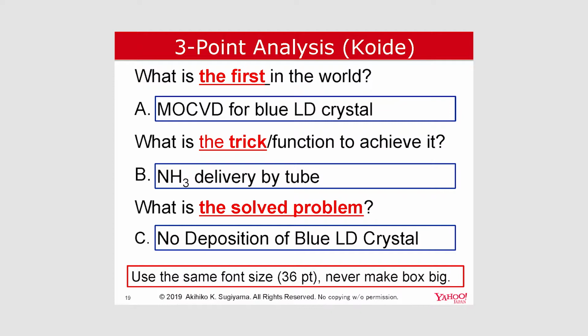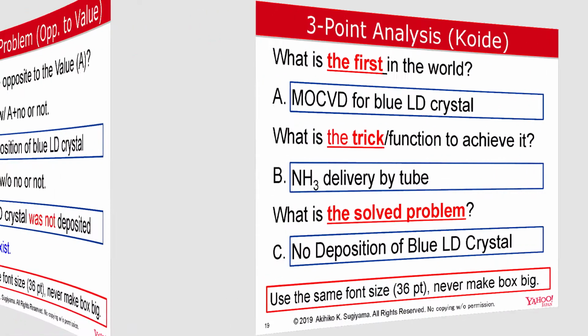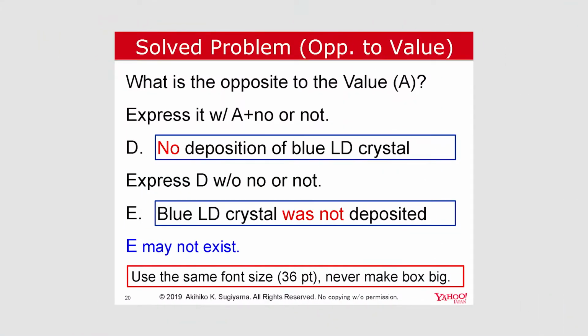Blue laser diode crystal was the value, no deposition is the problem. What is the opposite to A? A is the value. So I just put no deposition for blue laser diode crystal. And it works. Because this is just a noun phrase, I just rephrased it. Blue laser diode crystal was not deposited, which is a problem here.